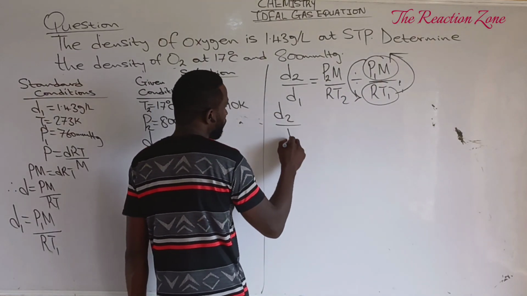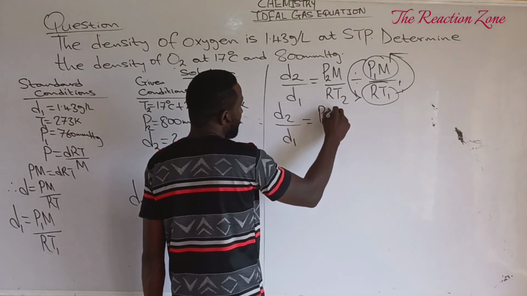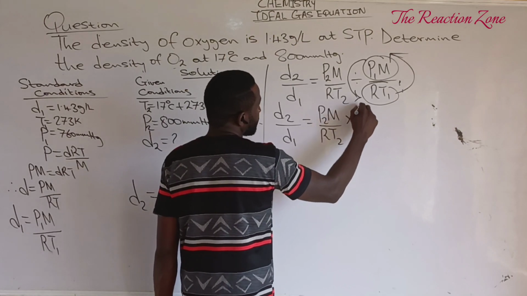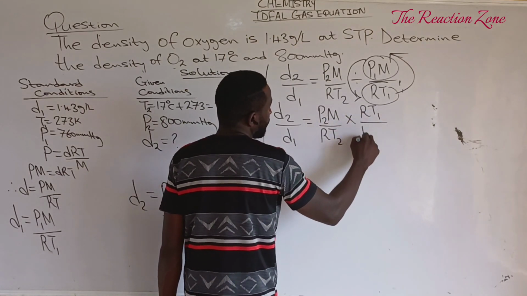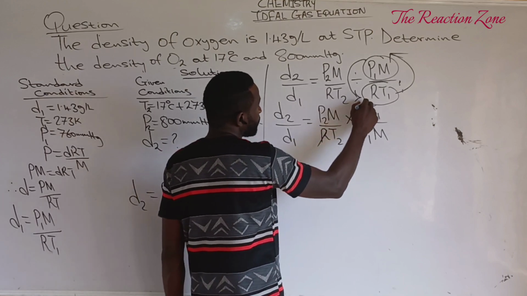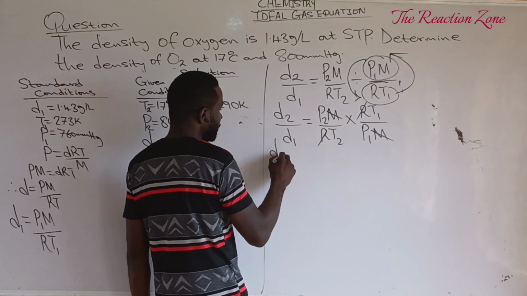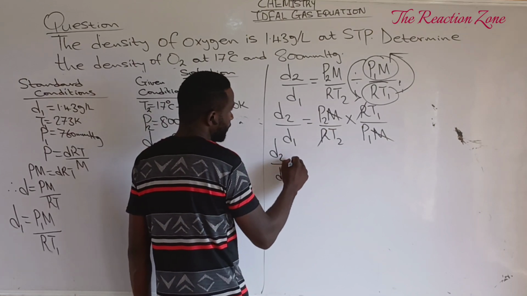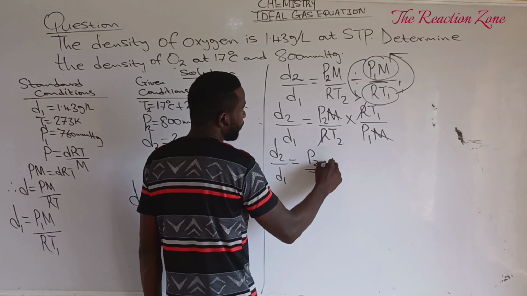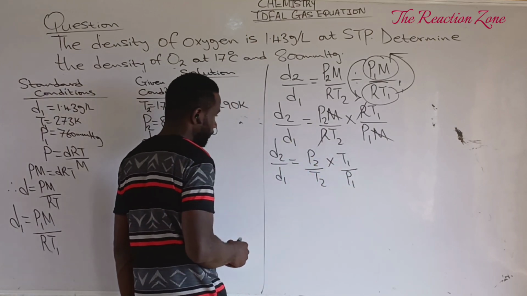So D2 over D1 is going to become P2M over RT2 times RT1 over P1M. So R cancels R, M cancels M. And then D2 over D1 is going to become P2 over T2 times T1 over P1.